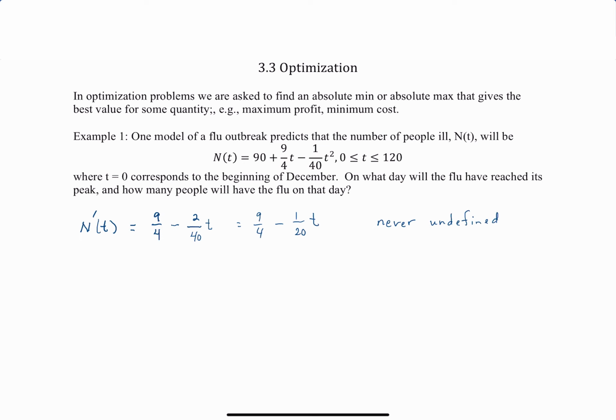But we can set this equal to 0, which will give us 1/20 t equals 9/4, if I add 1/20 t to both sides. And then I'll need to multiply both sides by 20 to isolate the t.